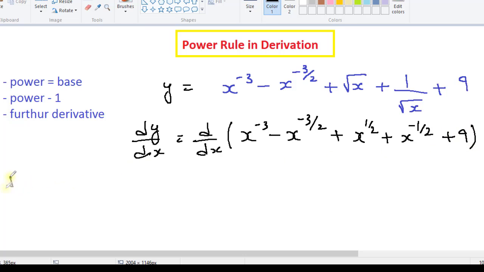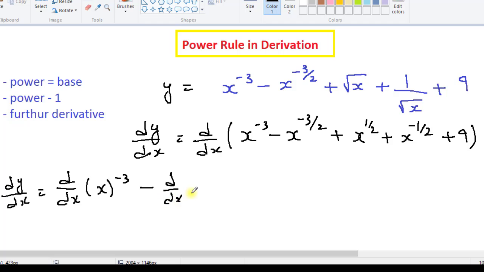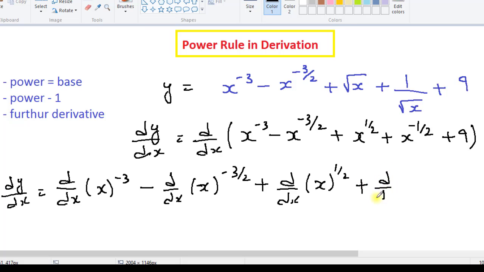And next, dy by dx is equal to, we will take the derivative of each term individually. d by dx of x power minus 3, then minus d by dx of x power minus 3 by 2, plus d by dx of x power 1 by 2, plus d by dx of x power minus 1 by 2, and then d by dx of 9, okay.